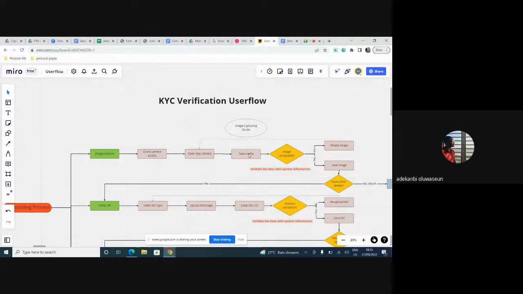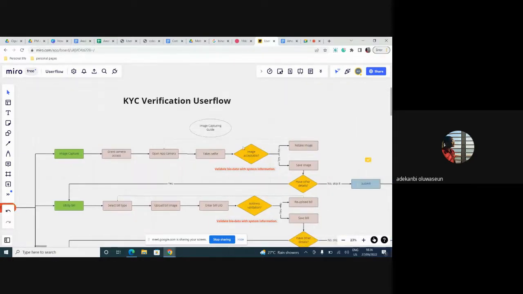Once you grant permission, your mobile camera opens, then you take a picture. That is exactly what you are seeing in this user flow. This user flow will help the UI/UX person know how to present those screens. They would know the kind of screens to design, the steps, and the flow. That's what the user flow does. This is a decision tree.